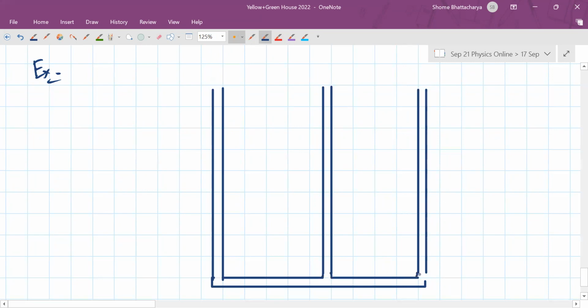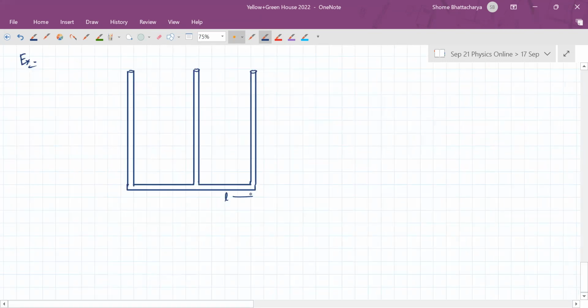Okay, so a tube kind of thing like this, open. Now these two arms are of same length, L from here to here. Even though in my diagram it doesn't look symmetrical, it is. And this system is rotating about this with some angular speed omega.